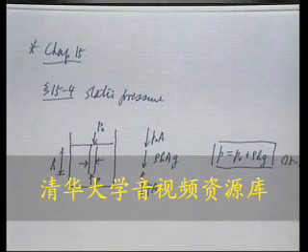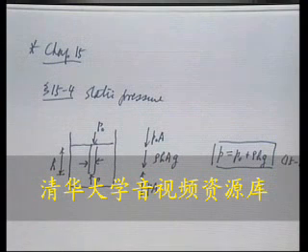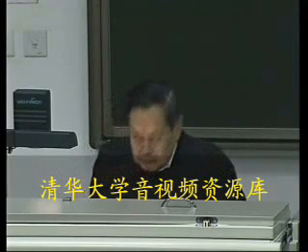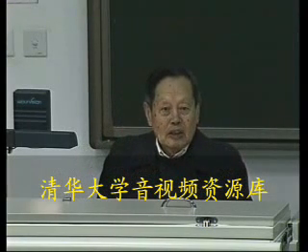So therefore we know the pressure at the depth of H is equal to the top pressure, which is usually 1 atmosphere, plus rho gh. So in a swimming pool, the pressure at the bottom of the swimming pool is much higher than the pressure on top.